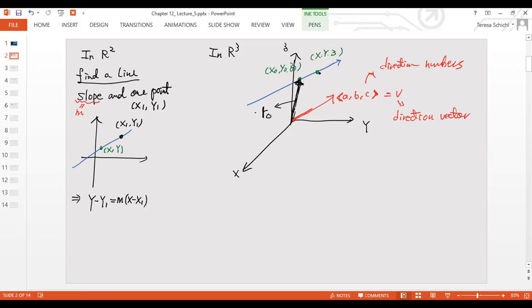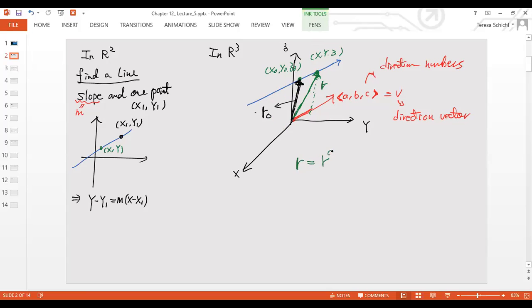Okay, so for any point X, Y, Z here, you can always generate a parallelogram, correct? And the diagonal of this parallelogram, that's how I define the line, right? I call this R. So I know R is always equal to the diagonal, which is the sum of the sides.